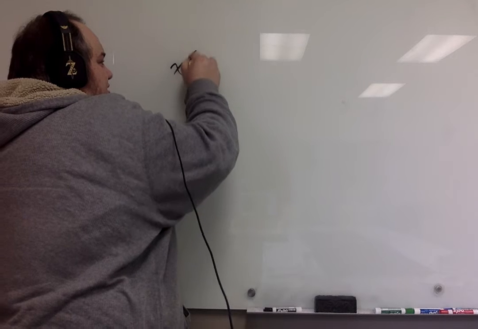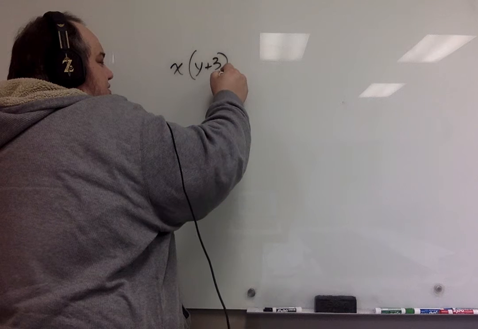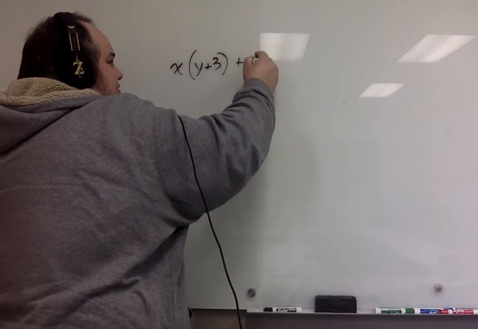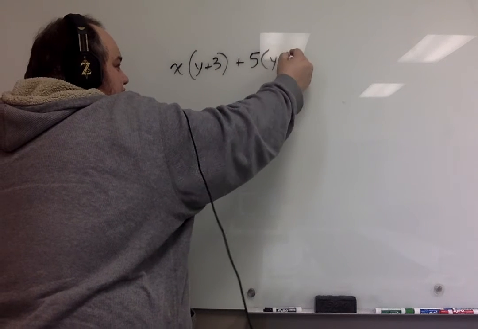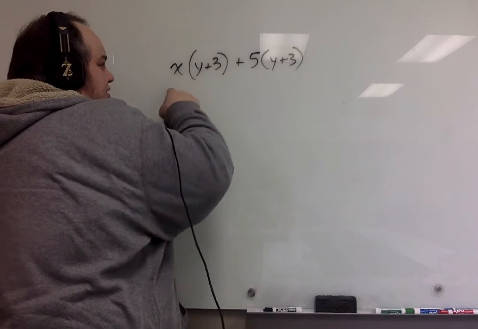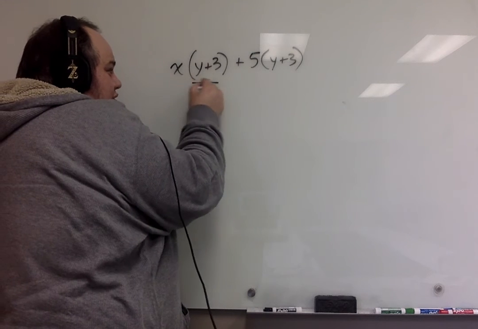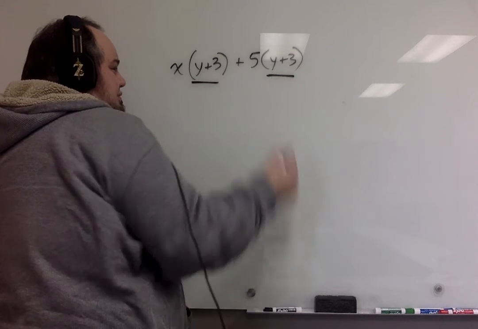X times, and then it was something like y plus 3, plus 5 times y plus 3. Now, the x and 5 here aren't common, but this whole group, this y plus 3, is common to both.